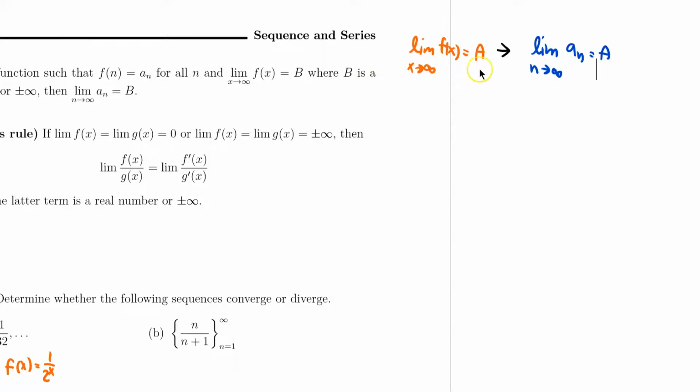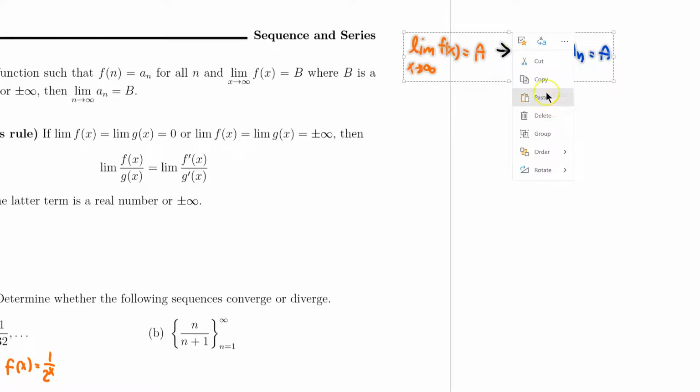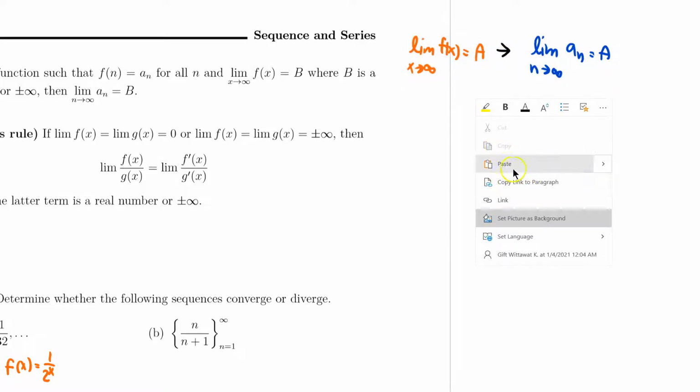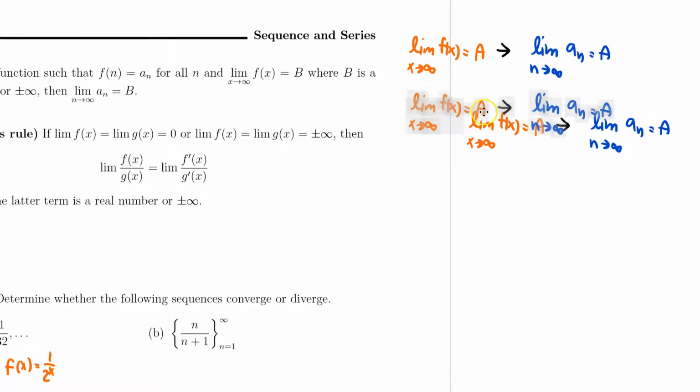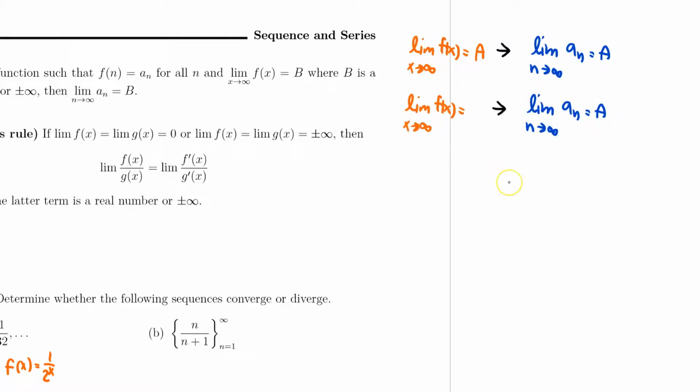And this works when this is plus or minus infinity as well. So I'm just going to copy and paste this because it's the same thing anyway. If the limit of our function is infinity, then the limit of my sequence is also going to be infinity.